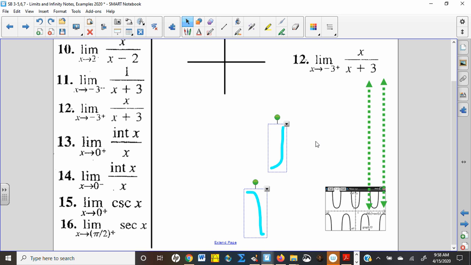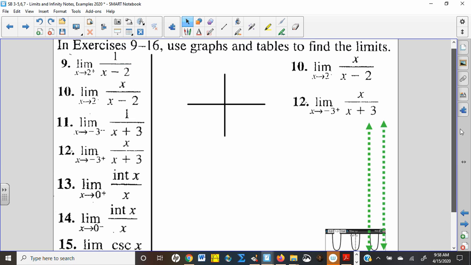But secant and cosecant, boy, those get trickier, and so I would look in the solutions guide about how you would describe those every other odds. But the good news for you is that I'm not going to throw a question like that on. I might say, what is this doing at a specific value like pi over 2, but I won't make you try to describe every other odd multiple of pi over 2. That can be tricky.